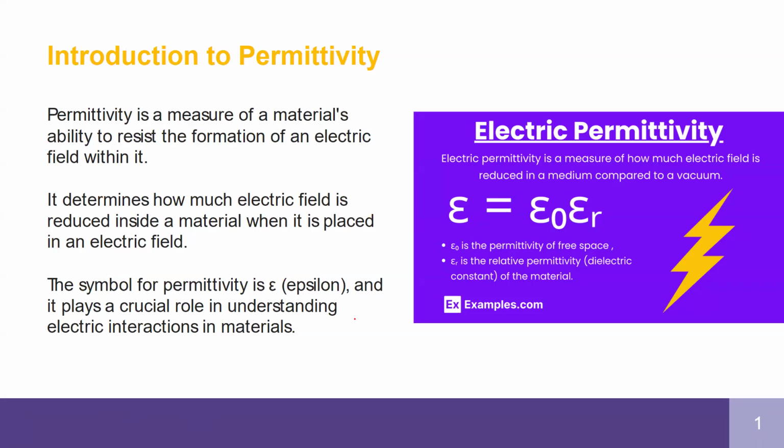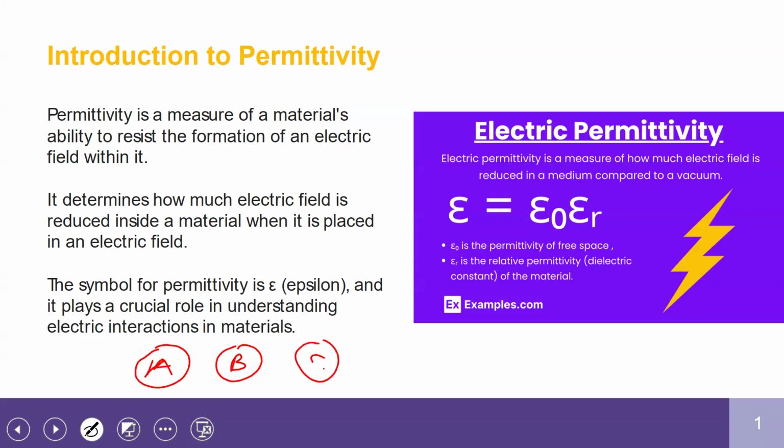So let's say you have two materials. Let's say you have material A here, and you have material B here. And let me say you also have material C. So these materials can have the ability to produce or generate or form an electric field within them, or electric force within them.